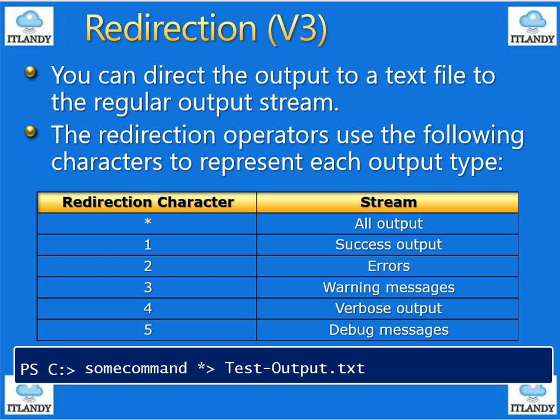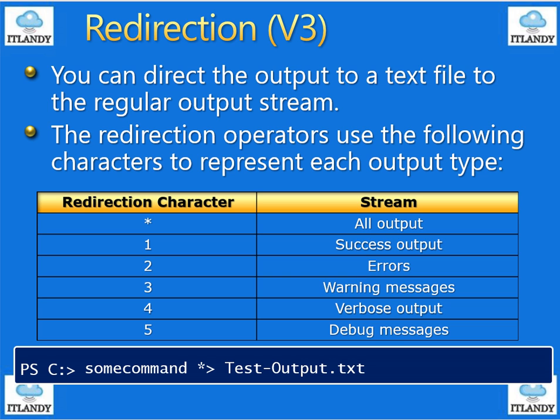Redirection. By default, Windows PowerShell sends its command output to the Windows PowerShell console. However, you can direct the output to a text file and you can direct the error output to a regular output stream. Very basic examples. You use star, 1 to 5, either all output, success output, error, warning, message, verbose output.